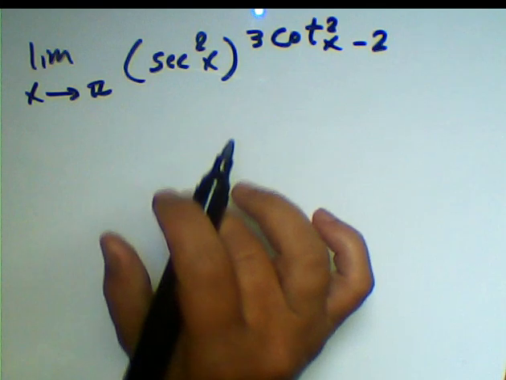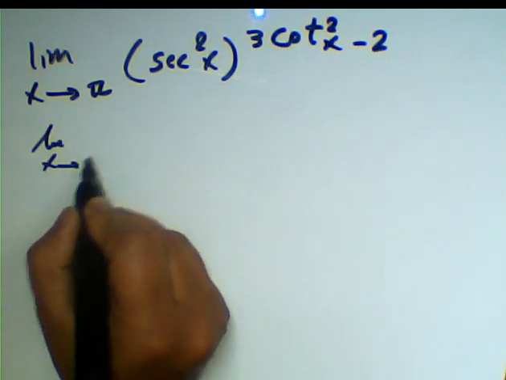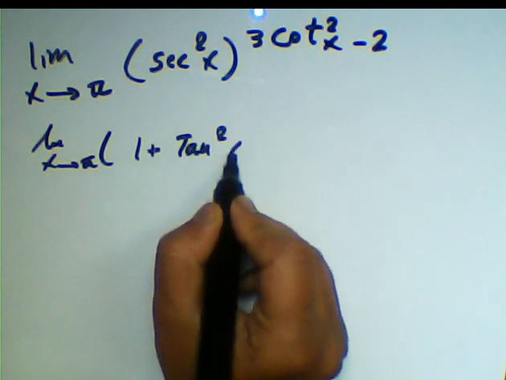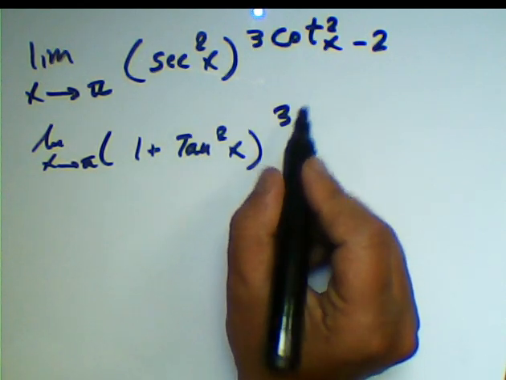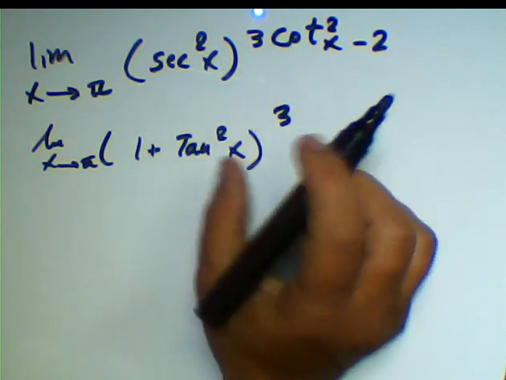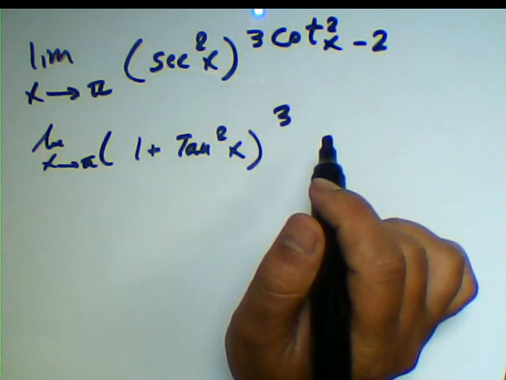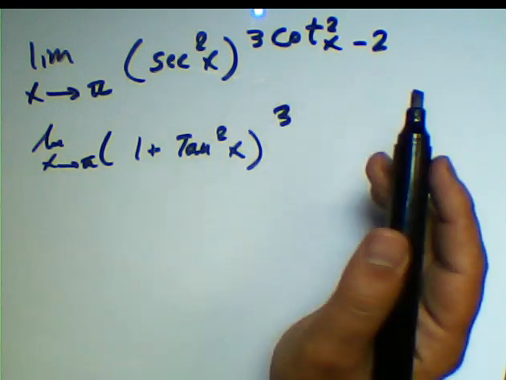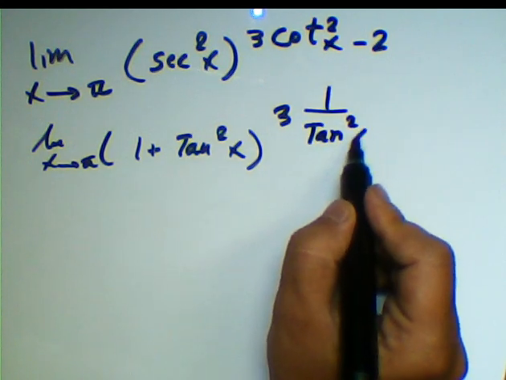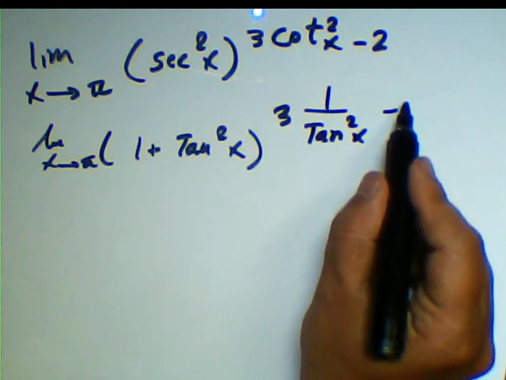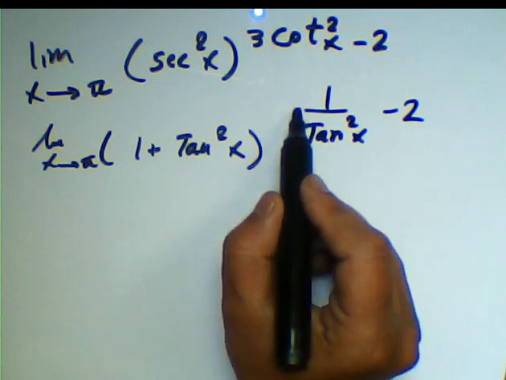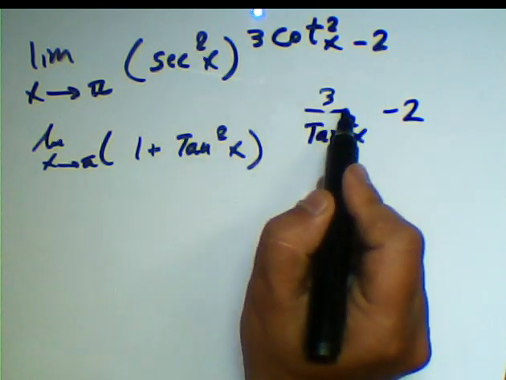Look here, sec squared x equals 1 plus tan squared x, all to the power 3, multiplied by this function cot squared x. Cotan means 1 over tan, so the exponent is 1 over tan squared x, subtract 2. Understood? We have the 3 outside, the 3 up here.